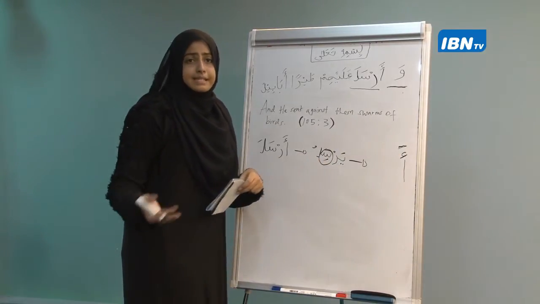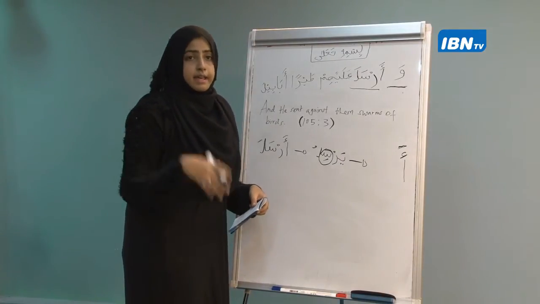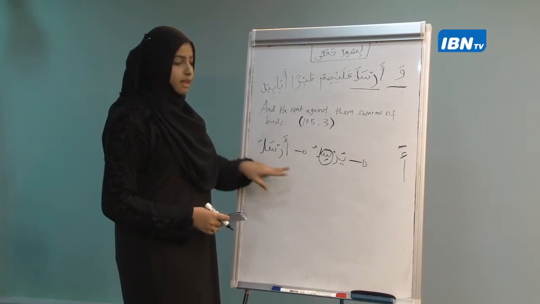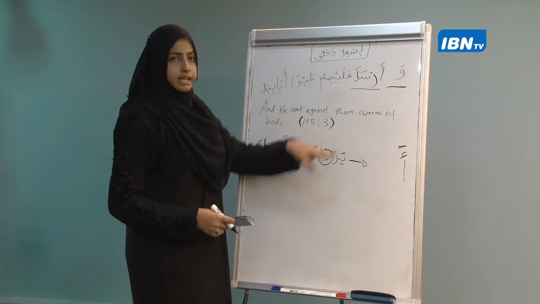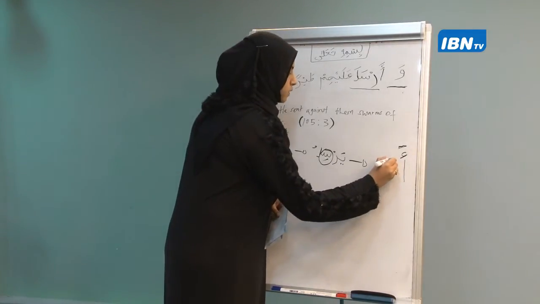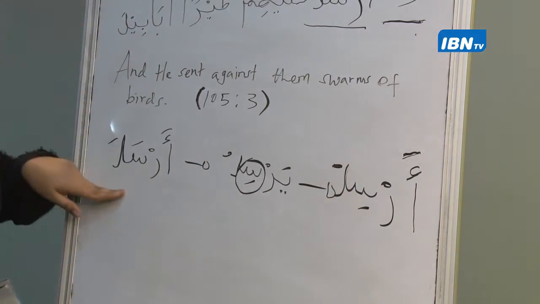However, in other cases, it can carry a kasra as normal. For example, dharaba, yadhribu, idhrib. But in this case, arsala, yarsilu, it will become arsil. Okay, so you know this. This is a command tense, and of course this is a past tense.